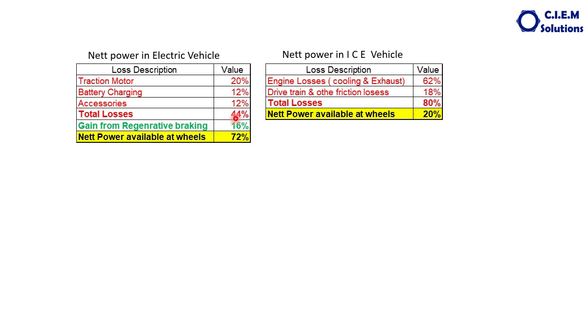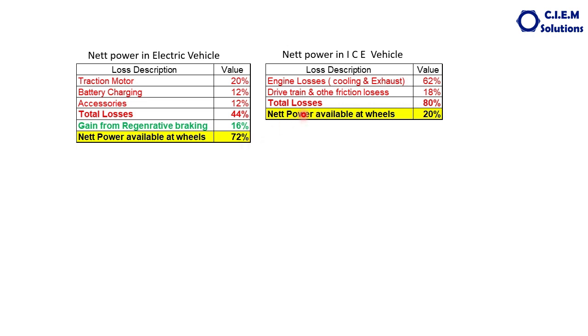So 44% minus 16% will be around 28% losses. If you remove these 28% losses, the net power available at the wheels will be 72%. So right from the batteries to the wheels, the net power available in the case of the electric vehicle is 72%.